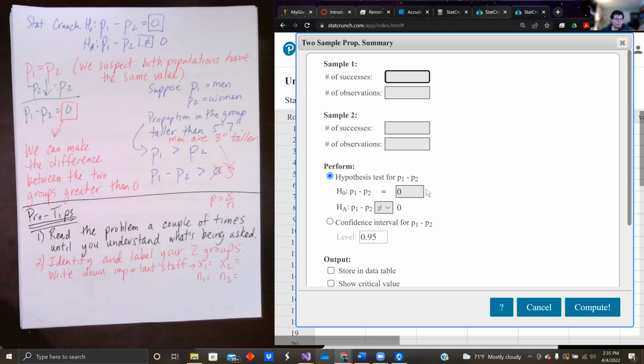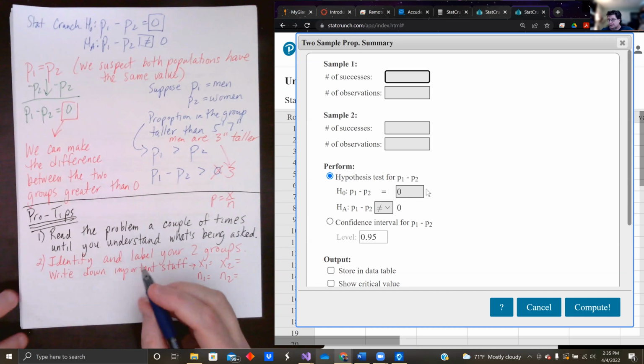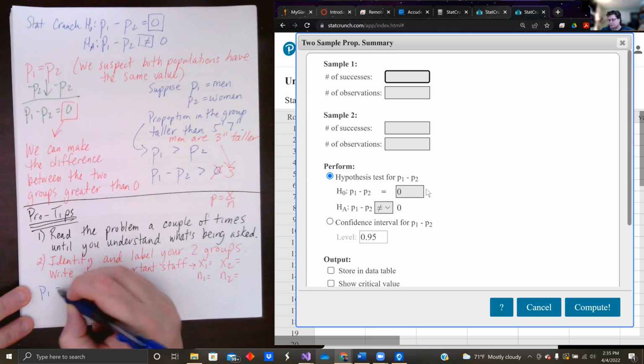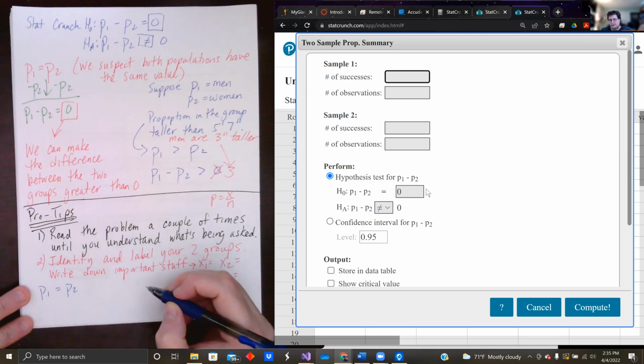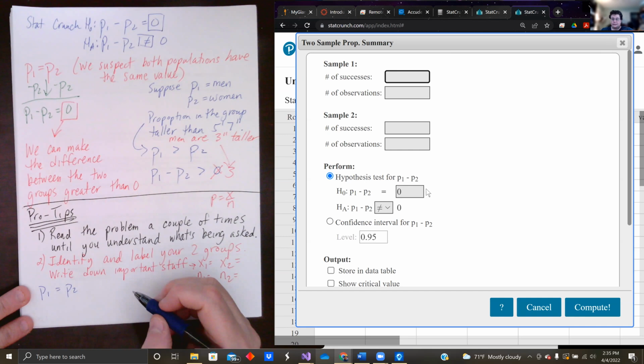Okay. I recommend doing what I did right here: setting them equal and asking, what is the problem asking? Start with P1 equals P2 and choose the numbers such that you get it the way you want it.